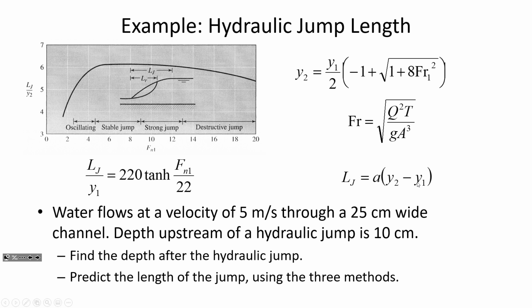All right, so the first thing we have to do is calculate the Froude number, because that's going to be both in the jump length equation, but it's also in the equation for finding the downstream depth, Y2.